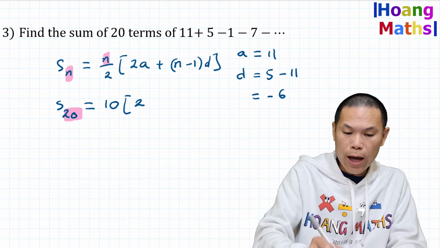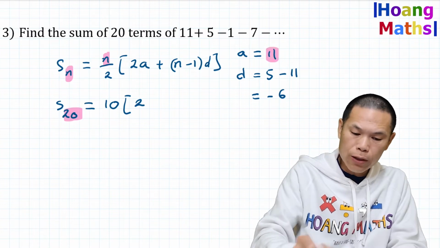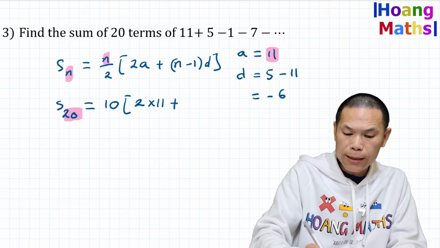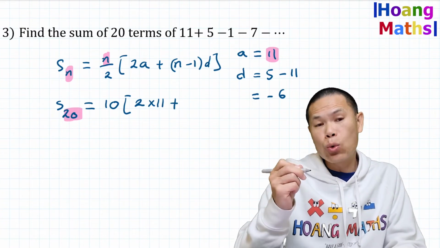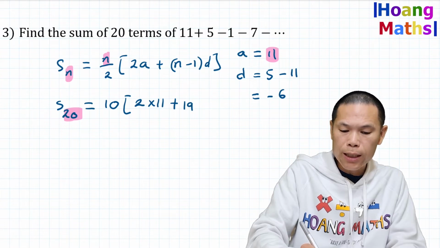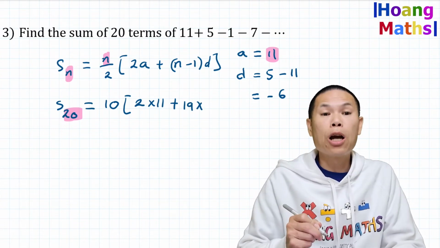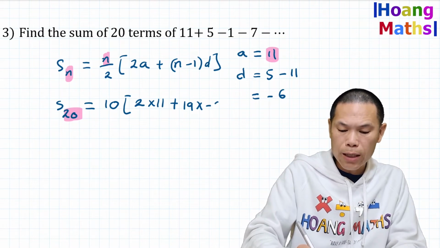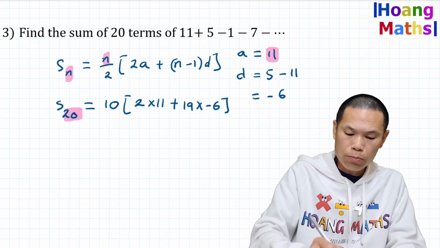So 2 times a, so a is 11. So 2 times 11, plus n minus 1. n is 20, so 20 minus 1 is 19. So we just write 19, and we times by the common difference. The common difference is negative 6, so times minus 6. And we just close the brackets.